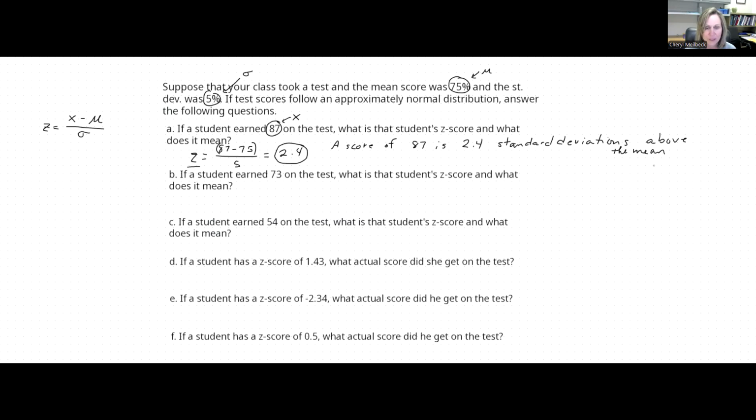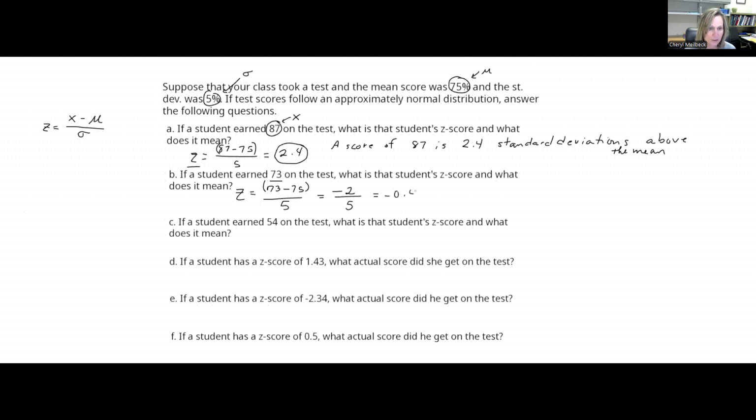Let's look at B. It says this student earned a 73 on the test. What was that student's z-score and what does it mean? So we'll take that 73 and subtract the 75. Once again, you may want to use parentheses for your calculator and divide that by our standard deviation of 5. This gives us a negative 2 over 5, or a negative 0.4.